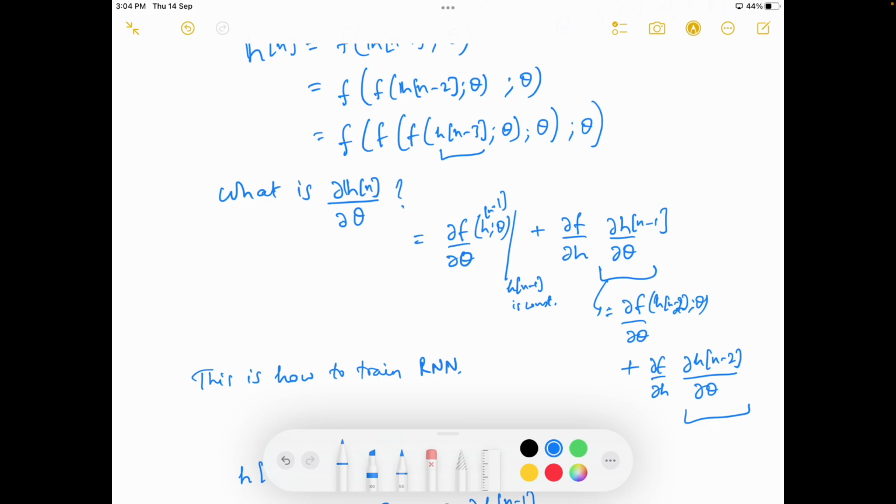This means the derivative of f with respect to h assuming other things are constant, and then into the derivative of h with respect to theta. Right? Does that make sense now?